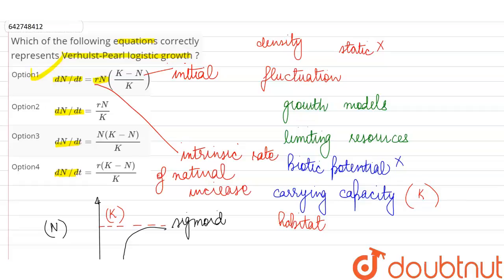So the correct equation which represents the logistic growth in presence of limiting resources is option A.